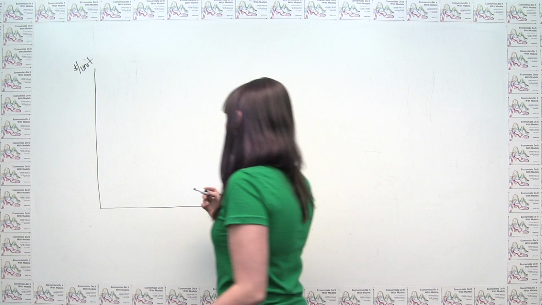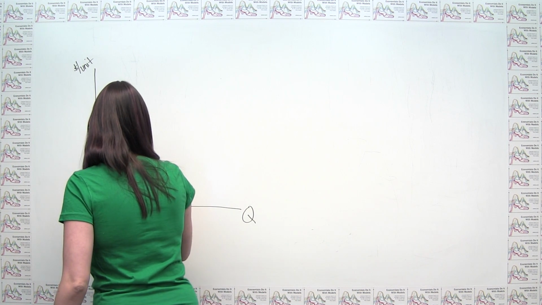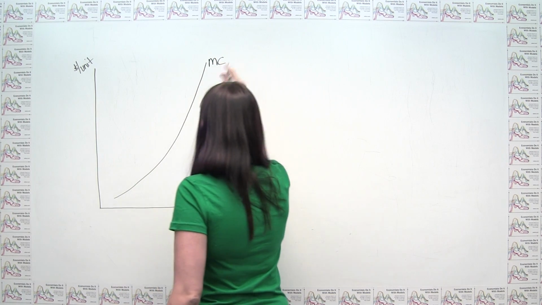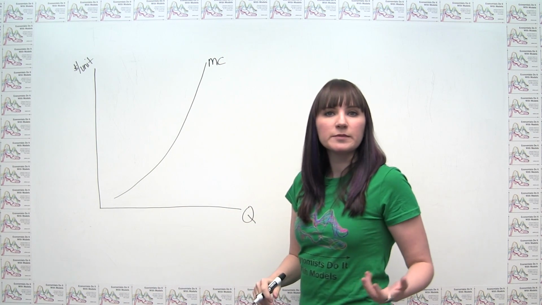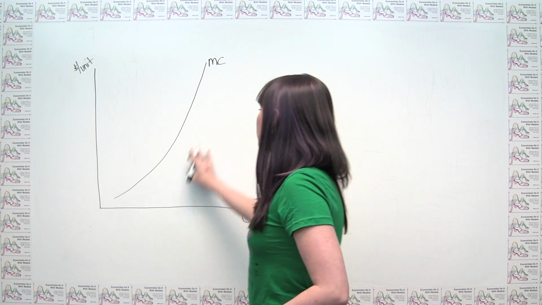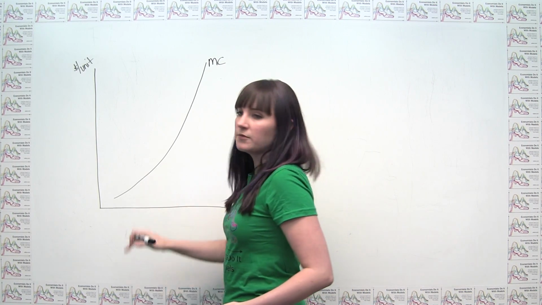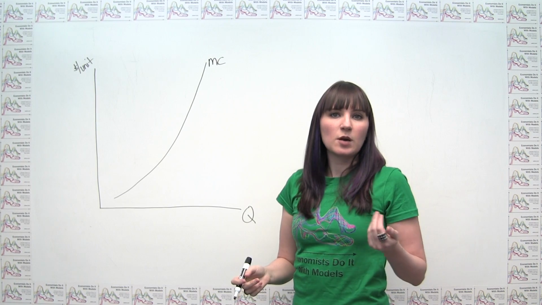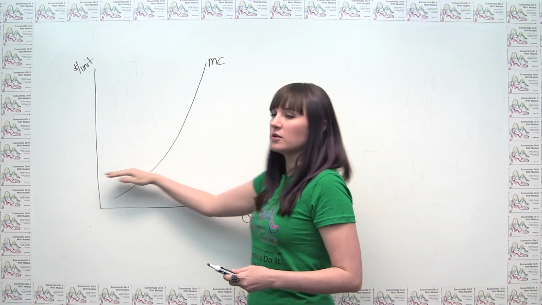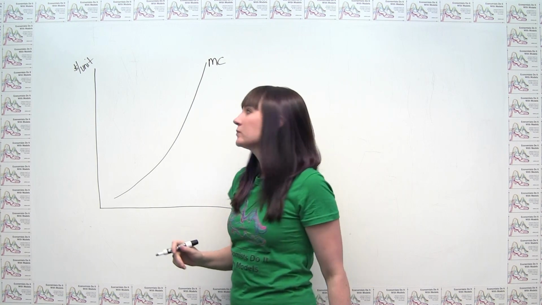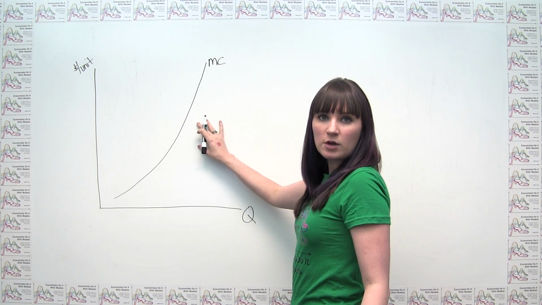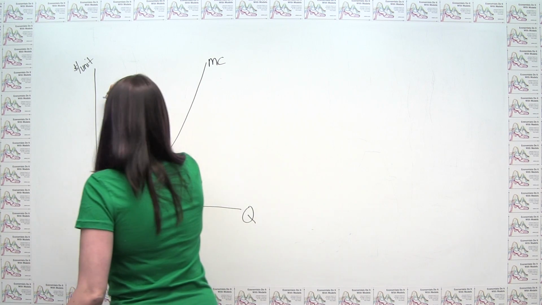We know, for example, that this marginal cost curve for the monopolist, I'm assuming that our monopolist is not a natural monopoly, and that he has a monopoly for some other reason, so that he's facing a normal marginal cost curve that, like for most firms, is upward sloping, not a flat marginal cost curve like a natural monopoly would have.